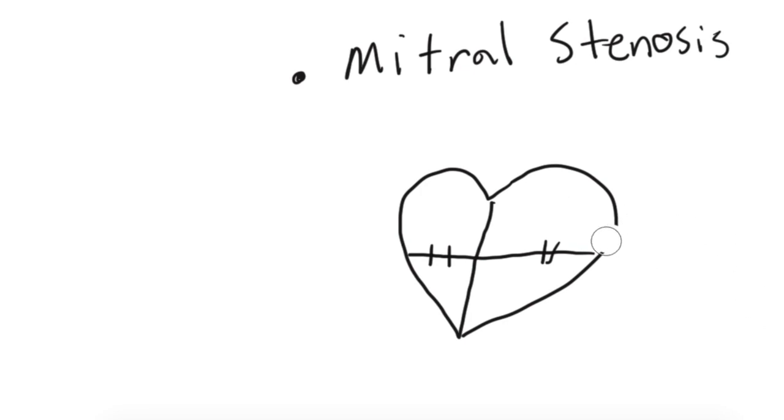And there's going to be a ballooning of this left atrium, and the larger this atrium is, the harder the left atrium has to work, eventually can lead to something like atrial fibrillation.